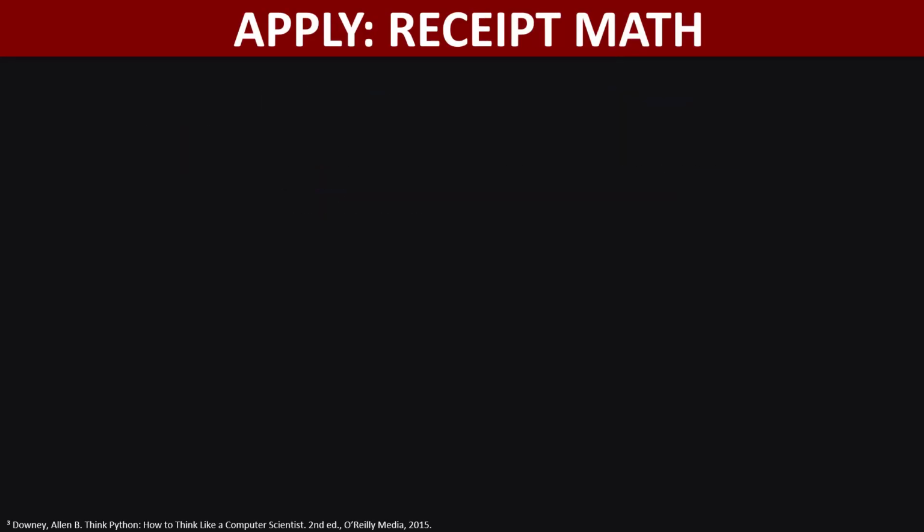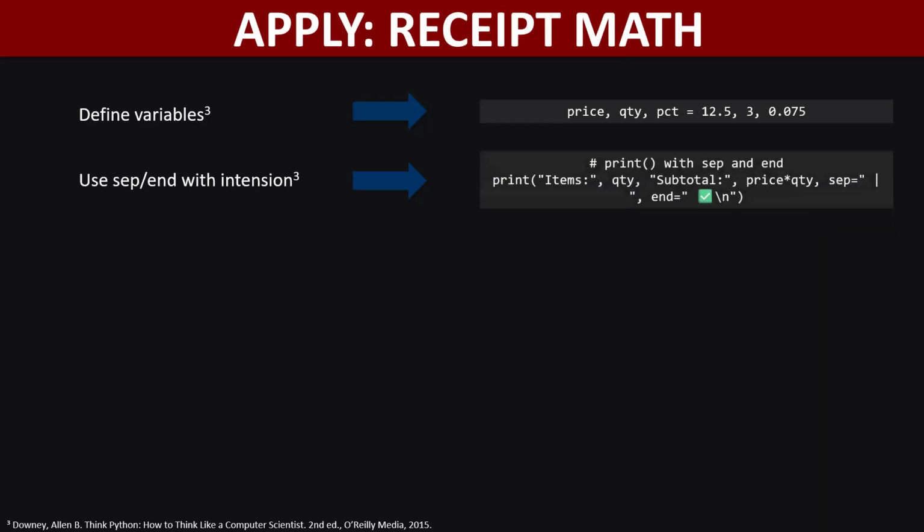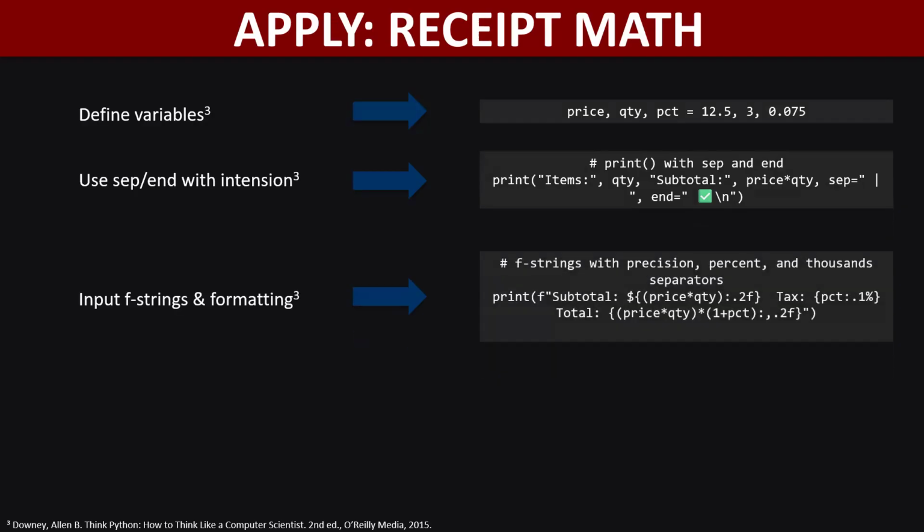So now an application, receipt math. First, we define our variables, price, quantity, and tax rate. Next, we format a basic print line using separators and ends. Then we apply F-strings to refine the output, formatting numbers, percentages, and currency.